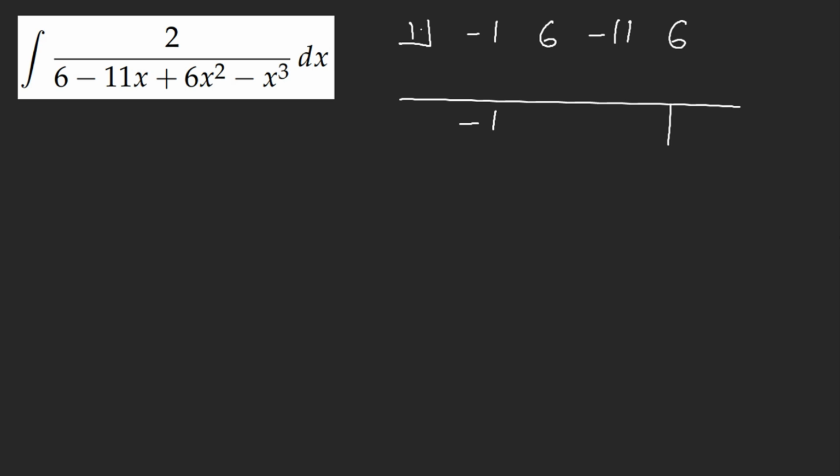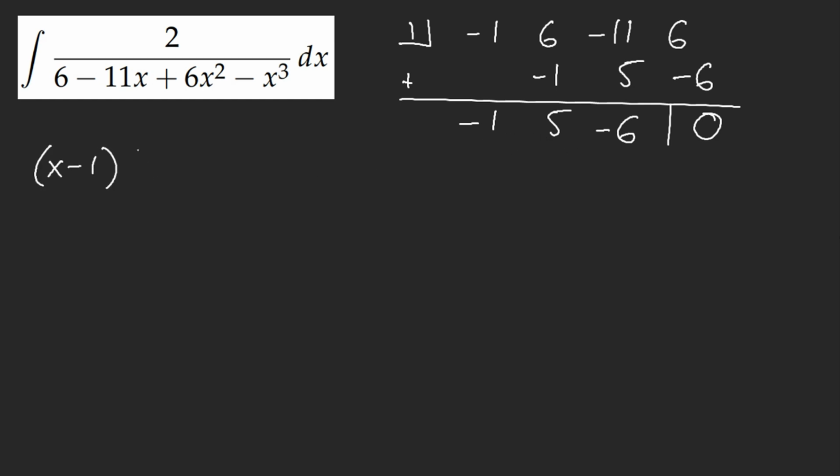Negative 1 times 1 is negative 1, negative 1 times 5 is negative 6. We're adding, this is an addition, and then times 1 with this is negative 6, 0. Oh, that's crazy. Would you look at that?